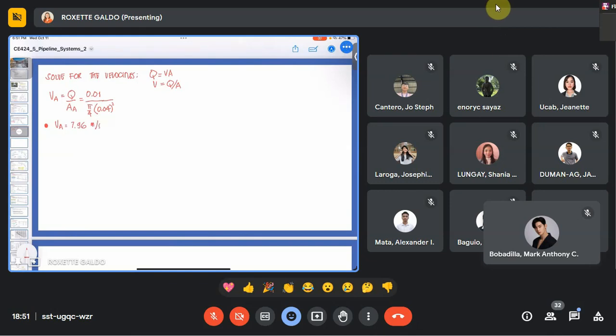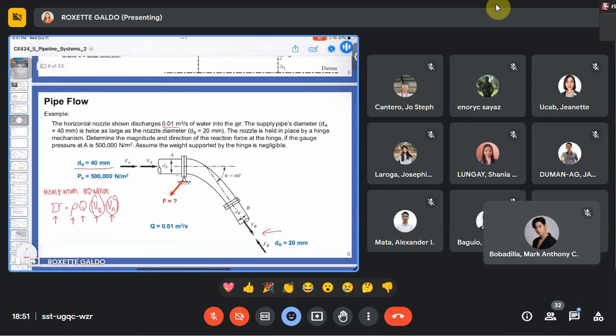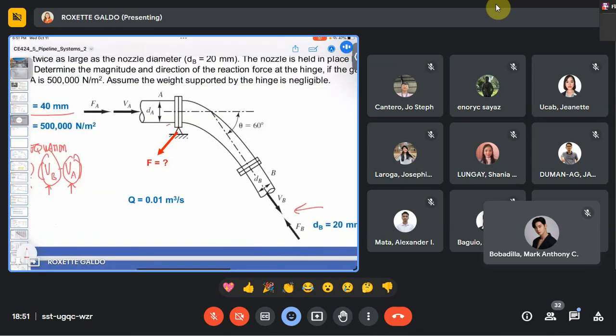Now, the velocity at B. We are supposed to solve for the velocity at B. Let us examine first. If we look at the pipe, the direction of the flow inside pipe A is not the same as the direction of the flow in pipe B. It's different, right?